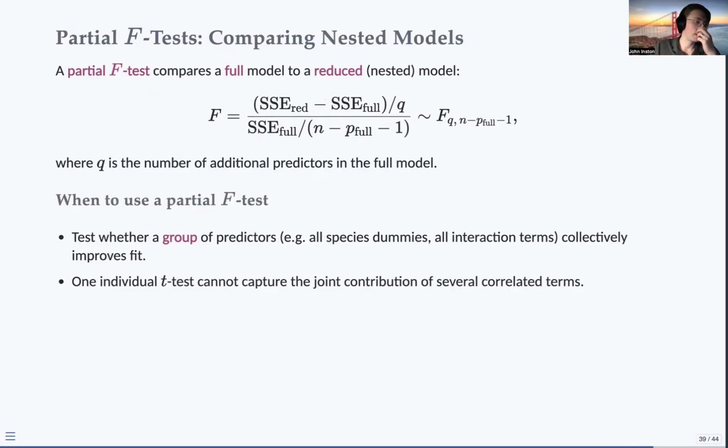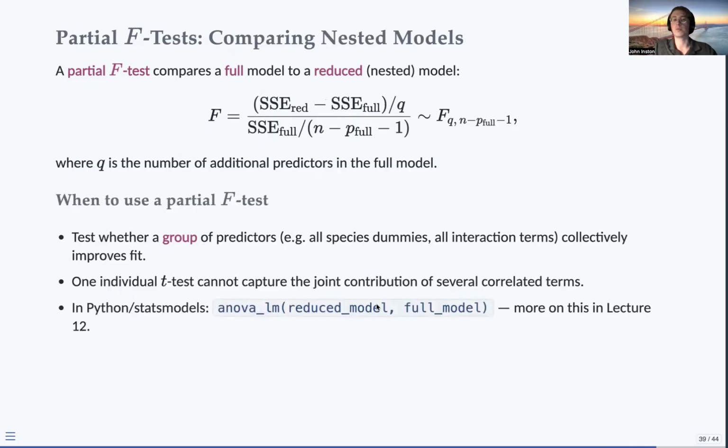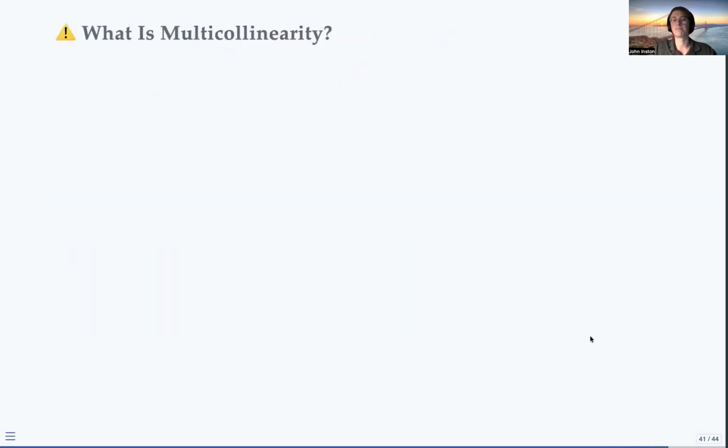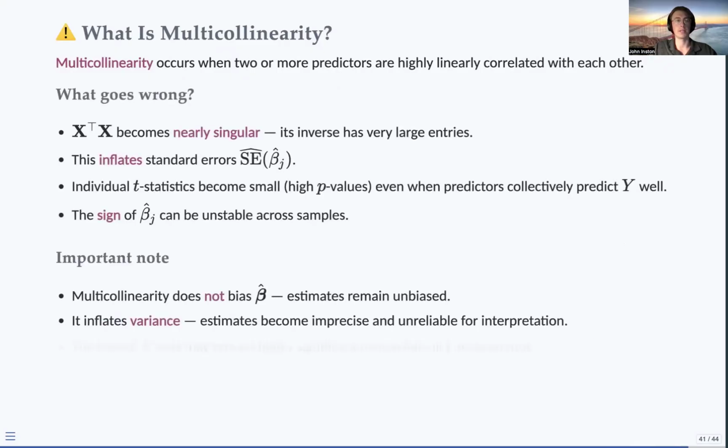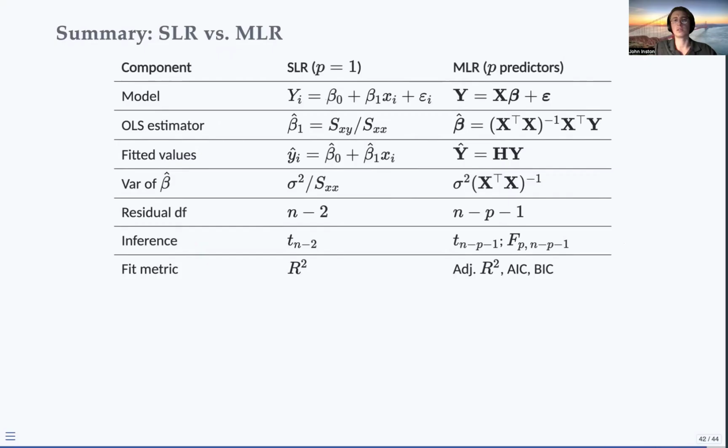And so the point is that one individual t-test can't capture the joint distribution, and we perform this ANOVA test instead. We'll discuss this in lecture 12. Apologies, I think I meant to delete this and move it to a later lecture, so I'll skim over that quickly.